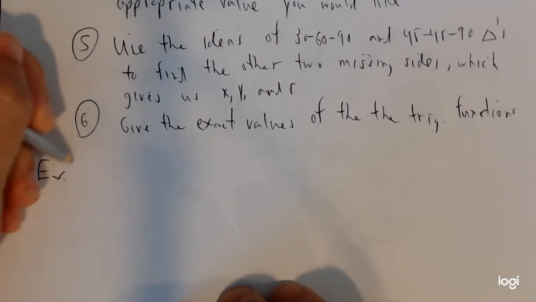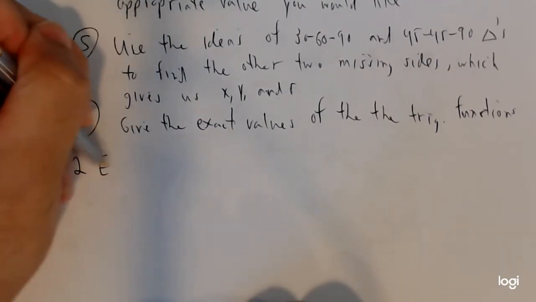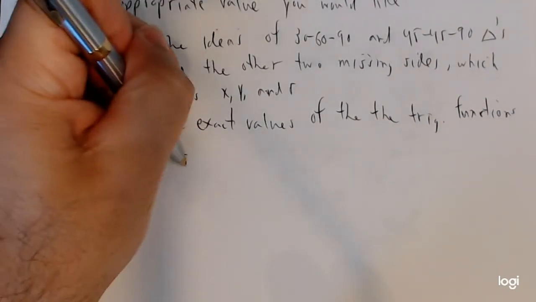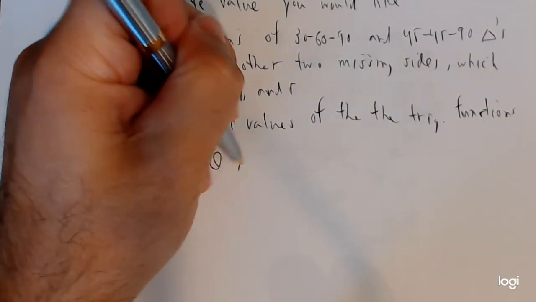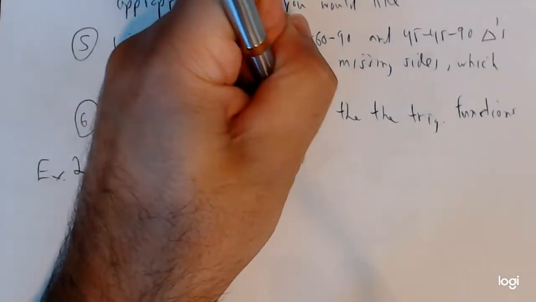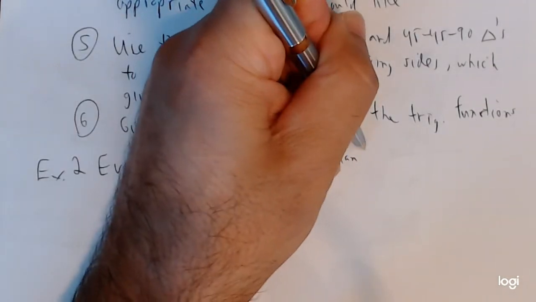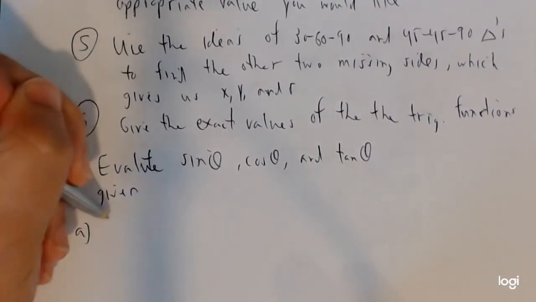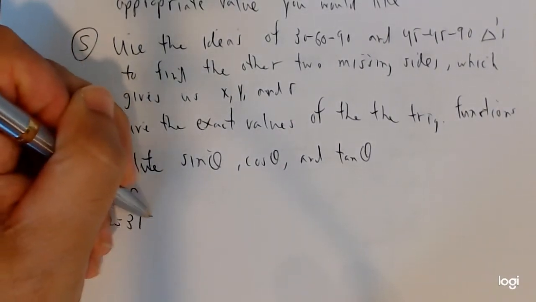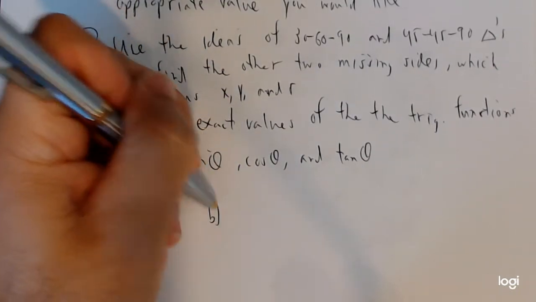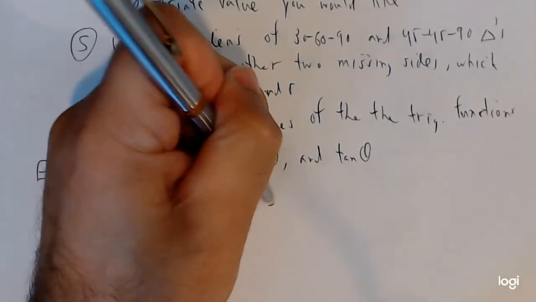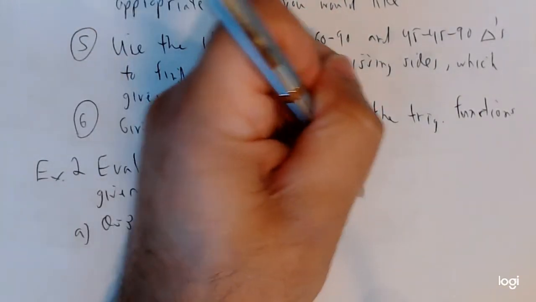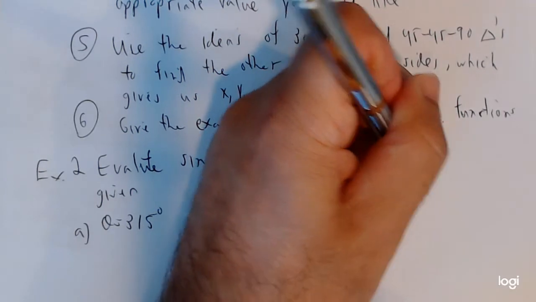So for example 2, we're going to evaluate sine theta, cosine theta, and tangent theta, given A, theta is 315 degrees, B, theta is negative 120 degrees, C, theta is negative 210 degrees.